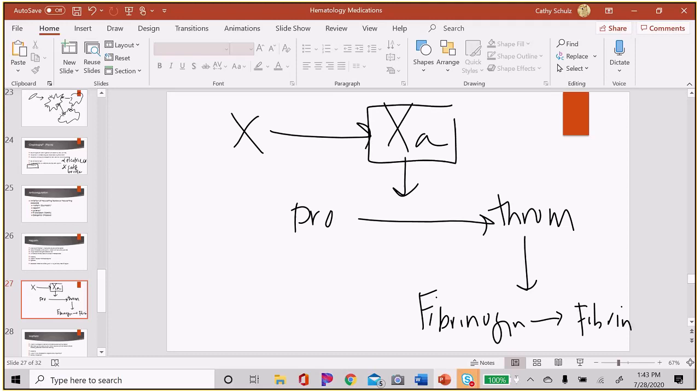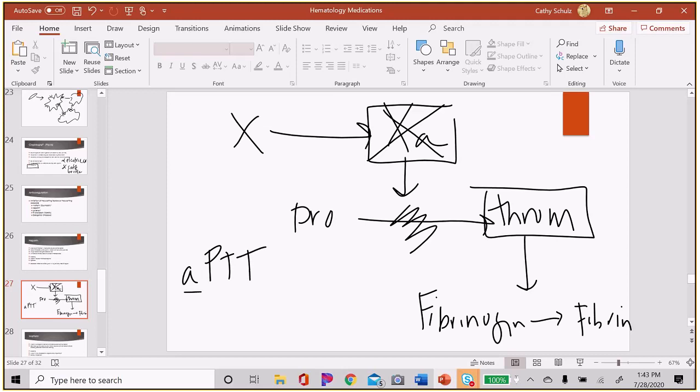They either prevent this from happening or directly get rid of this factor so that you produce less thrombin, which explains why the test you do is to check the activated partial thromboplastin time. You're trying to be sure that prothrombin isn't activated to thrombin. So this is the blood test you check.